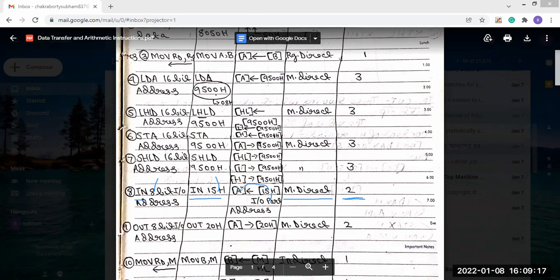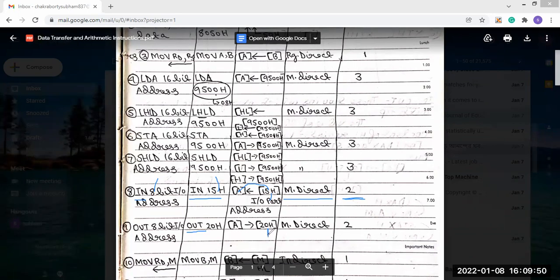And in the case of OUT, it is just the opposite of IN. That means the content present in the accumulator will go to the specified port, to the input-output port address.